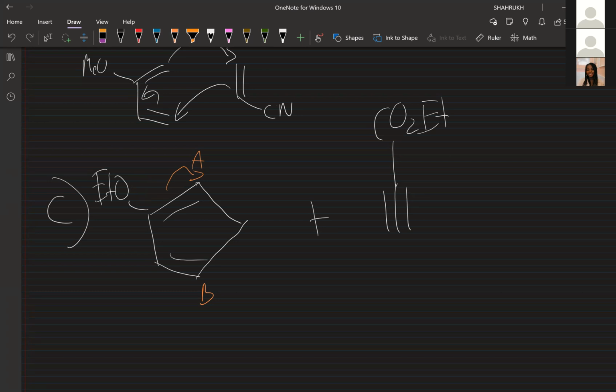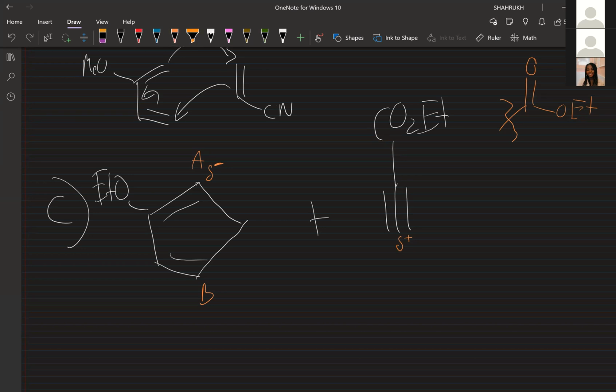No worries. That's why you're here to practice and get better. So partially negative side, we expect on the same side as that electron donating group, right? I think this should be pretty obvious that this carbon is going to be the one that's partially positive here, right? Because it's on the opposite side of the CO2Et group. That group looks like this, in case you guys want to visualize, right? It's a carbonyl, it's an electron withdrawing, right? So the partially positive carbon's there.